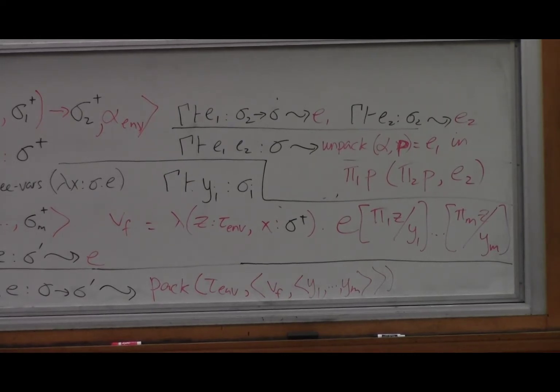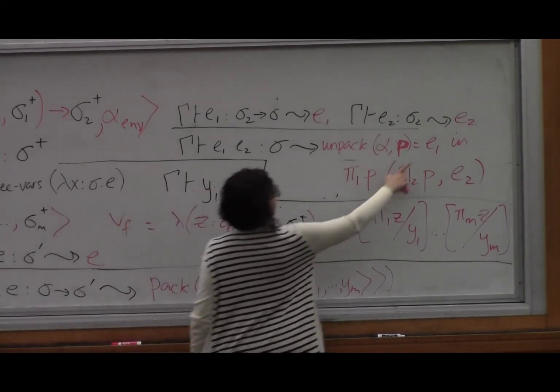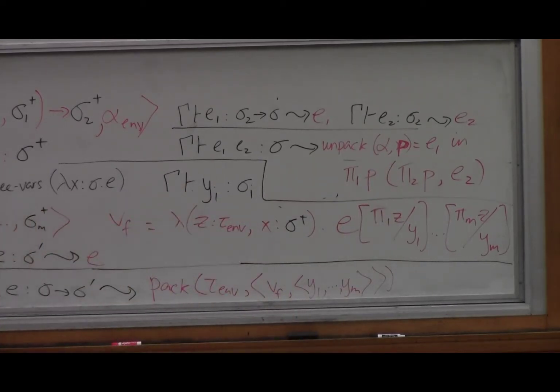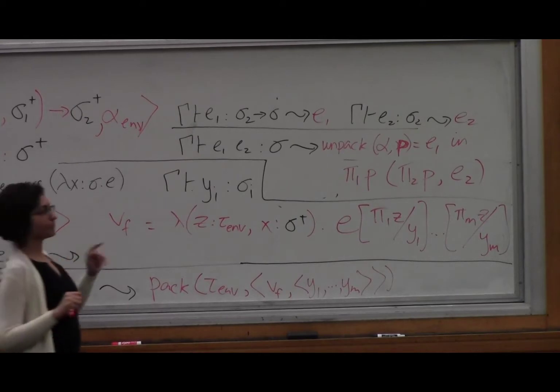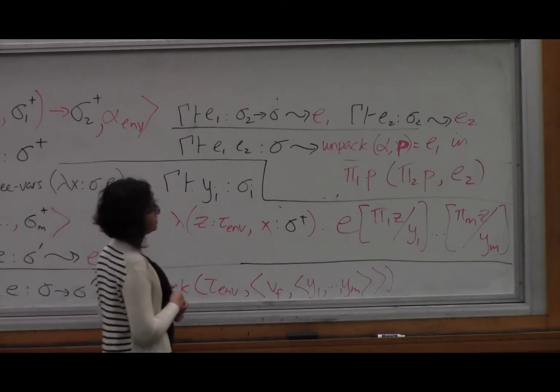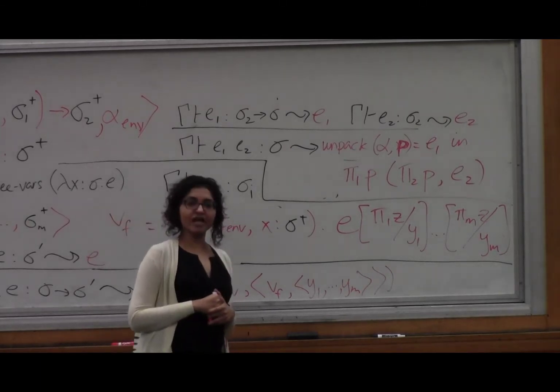The thing I'm binding to the alpha is the tau n sitting inside the closure after I'm done running E1. So do I need that tau n anywhere? The answer is no, not really.